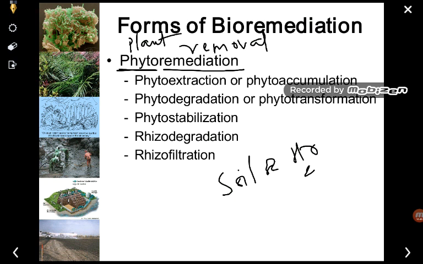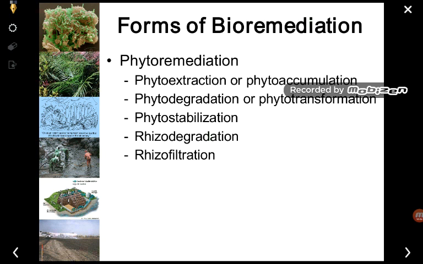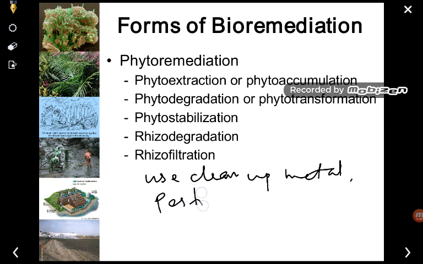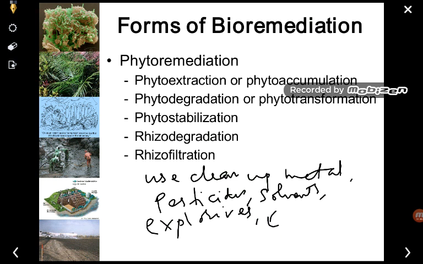It can be used to clean up metals. So phytoremediation techniques are used to clean up metals, and not only metals but also pesticides, solvents, explosives, crude oil and other contaminants.